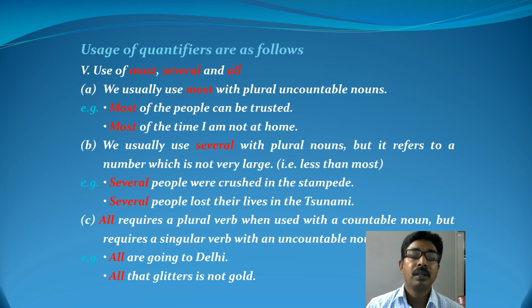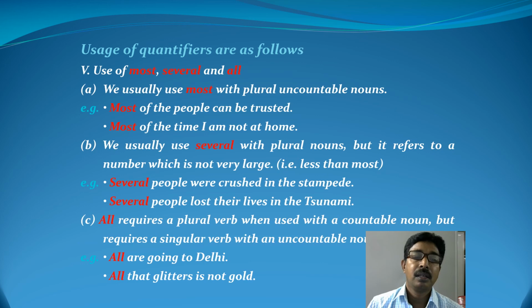Now, let us see the use of most, several, and all. We usually use most with plural uncountable nouns. Example, most of the people can be trusted. Another example, most of the time I am not at home.